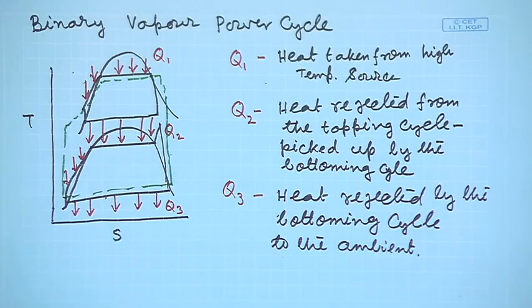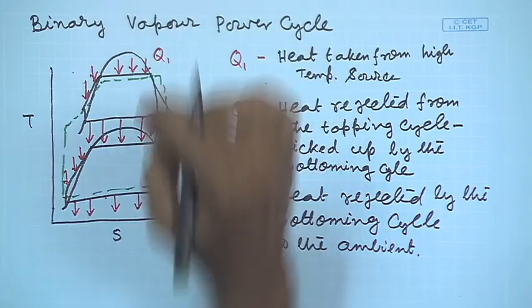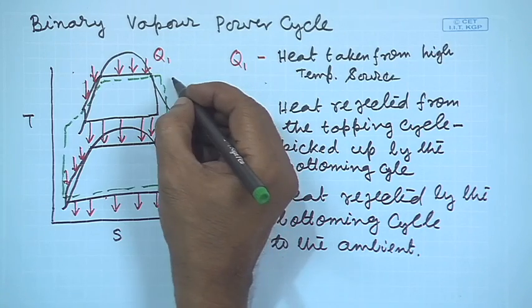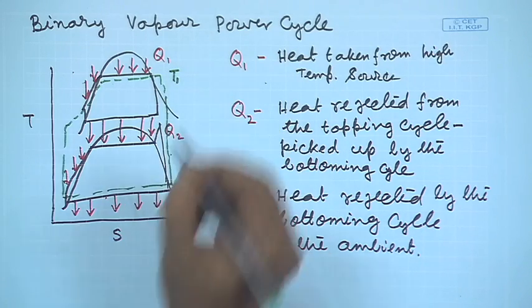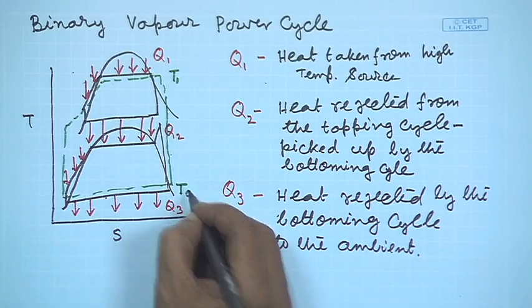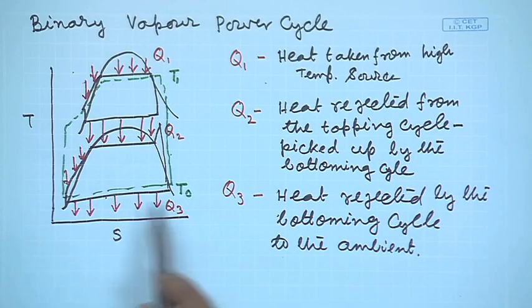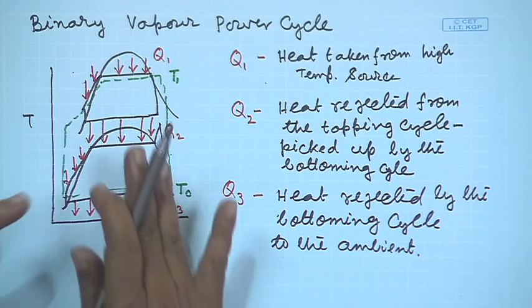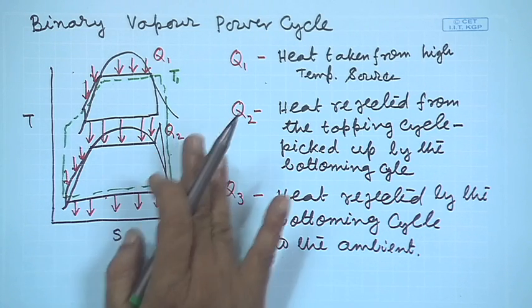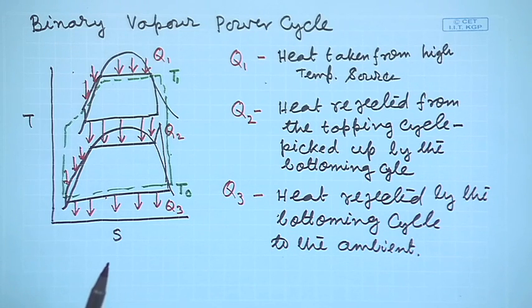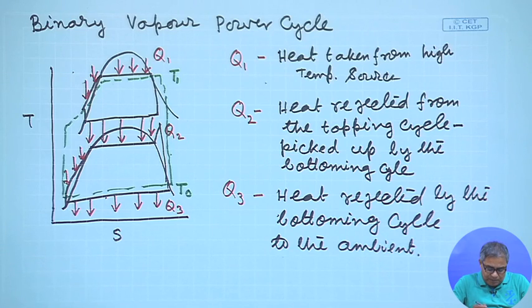This system is basically taking heat at a temperature, let us say this is T1 and this is T0. T1 is a much higher temperature and T0 is the environment temperature. So, basically we are having a cycle between T1 and T0, so our cycle efficiency will be high.